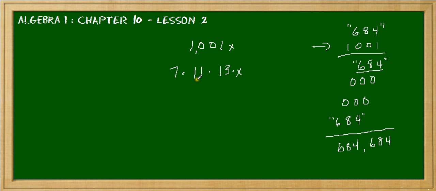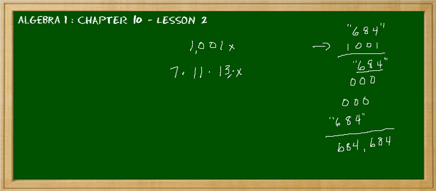So we're showing 4 different factors here. We're multiplying 7 times 11 times 13 times x, and we know x is going to be that 3-digit number. So no matter what number x represents, 7 times 11 times 13 times x can be evenly divided by 7, 11, and 13. So that's really the reason why this trick works.